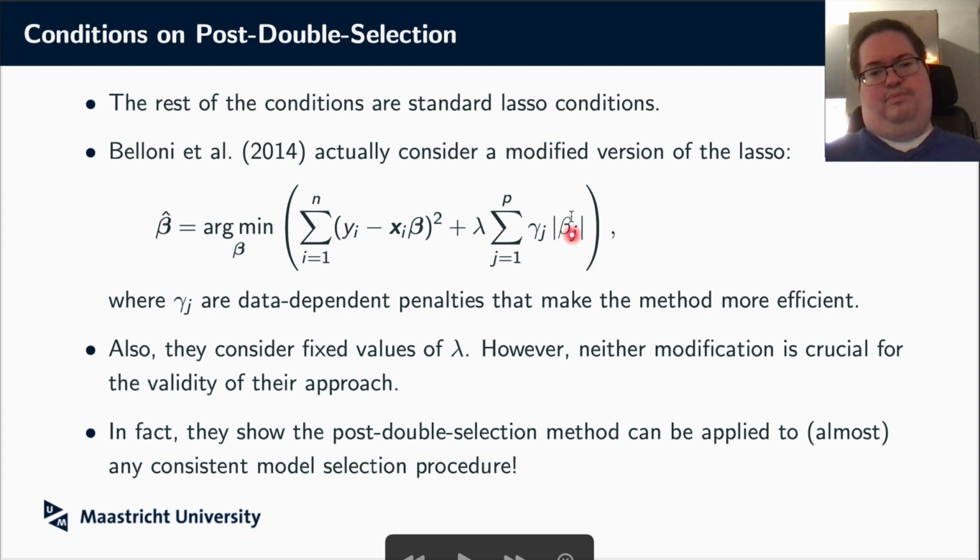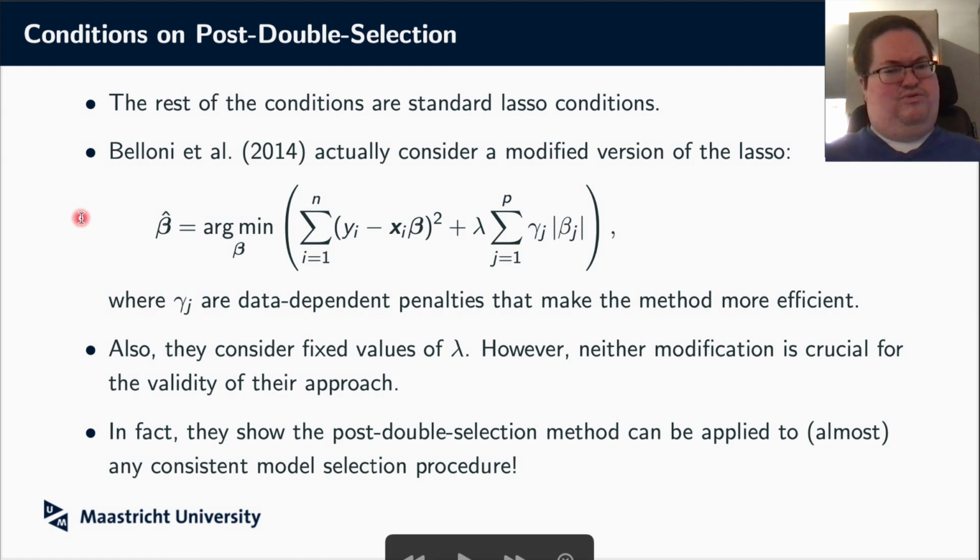So there's some differences, but this is not crucial for how the method works. Also, another thing that you would encounter if you read their paper is that they don't do selection via cross-validation or information criteria, but they actually have a plug-in rule where they plug in a fixed value of lambda. But again, this is not essential to why the method works as it does.